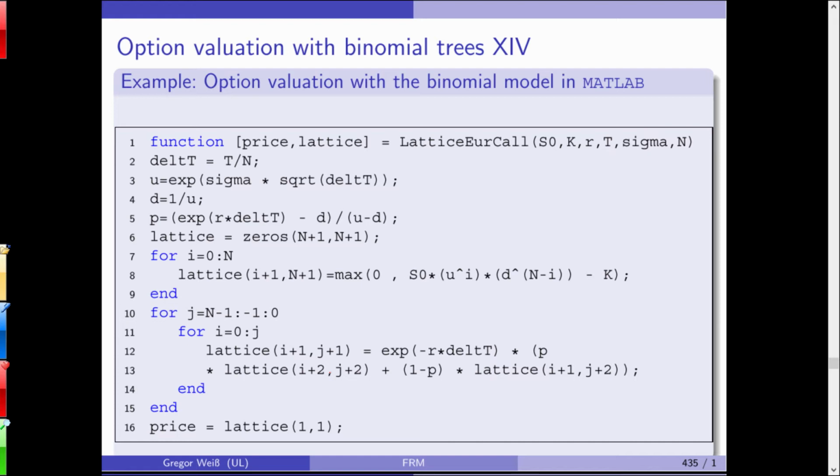That clear? And then we take the last column and we go back from the last column and calculate the option prices. So we are not going from left to right, but now from right to left. For j equal to N minus 1. So we're starting with the N minus 1th column, and we go back to 0, to the first column, that is column 0, in steps of minus 1.